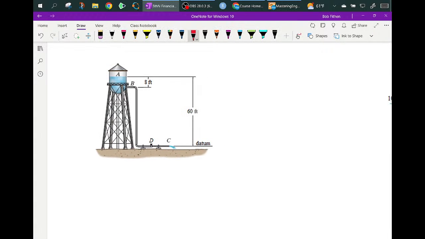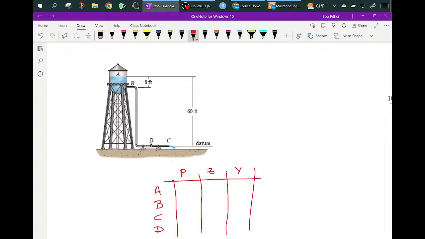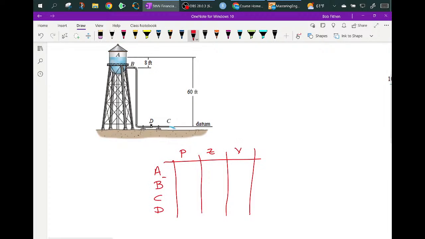So what I've got is 4 locations. I'm going to list them all, and what I'm going to list is the pressure, the elevation, and the velocity. And make my little table here. There's my nice little table.